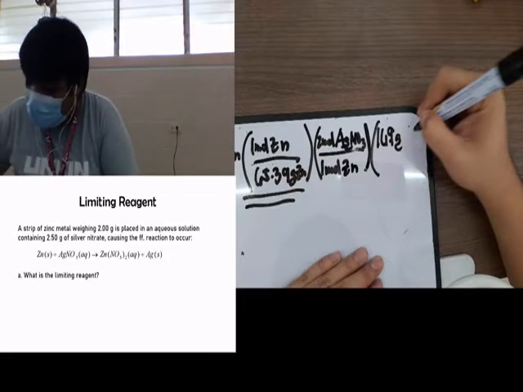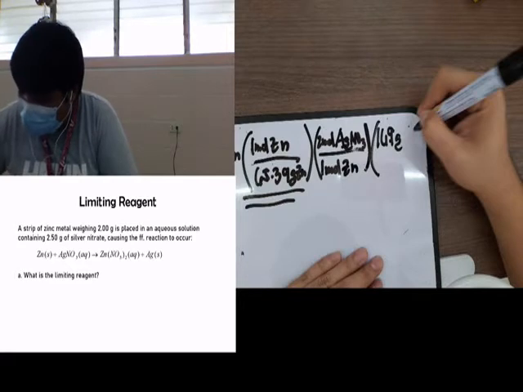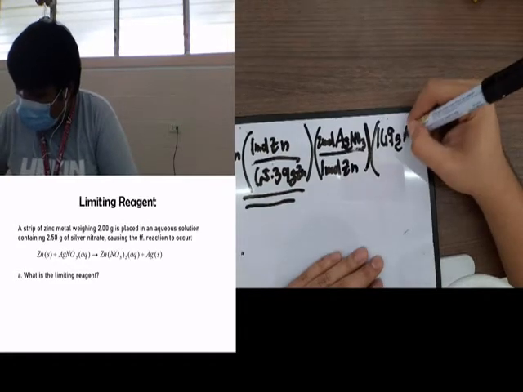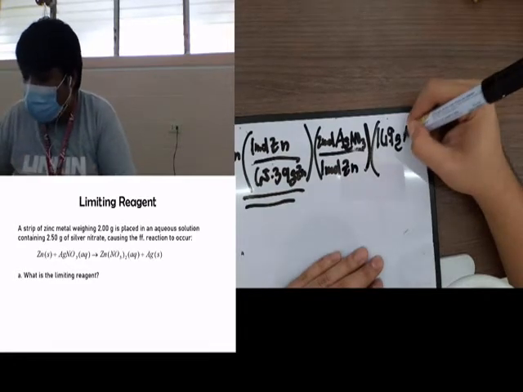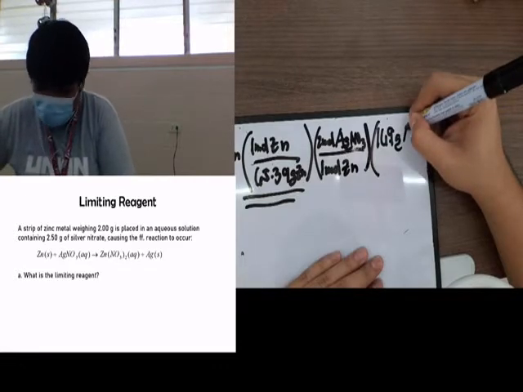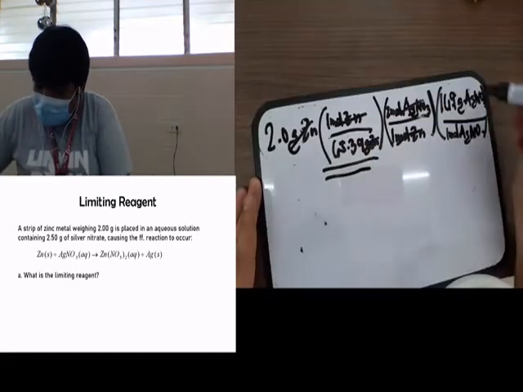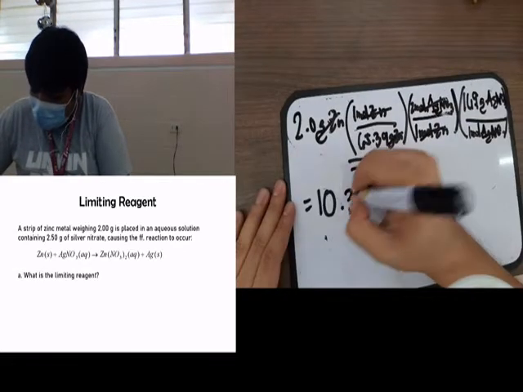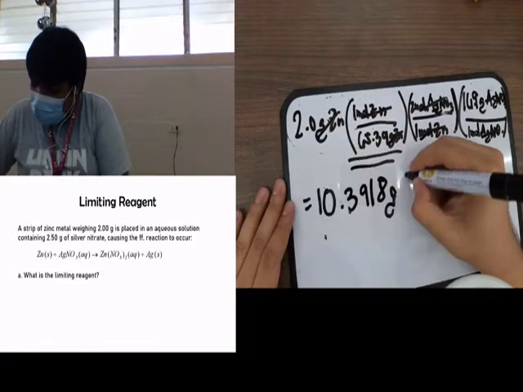We cancel all the units so that the remaining unit will be the unit of what we're looking for. Plugging these values into your calculator, the answer is 10.3918 grams of silver nitrate.